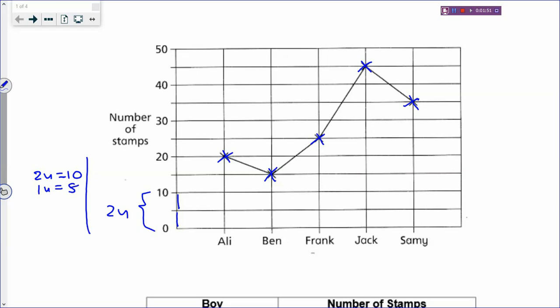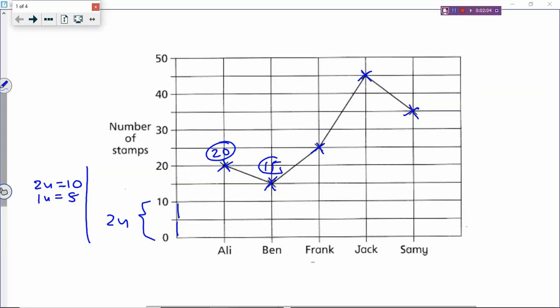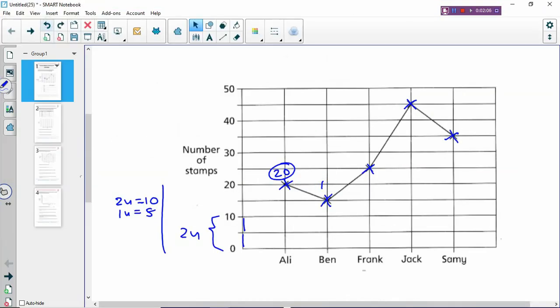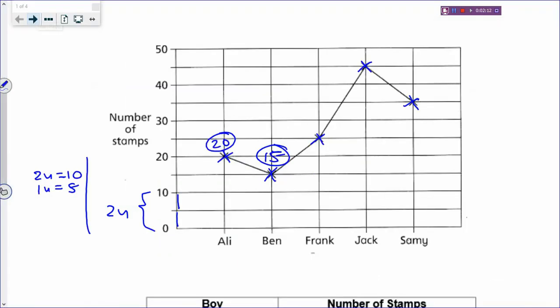So Ali has how many? Ali has 20. I will put the numbers on the line graph. Ben has 10 plus 5, so Ben has 15. Then you go to Frank. Frank has 25.